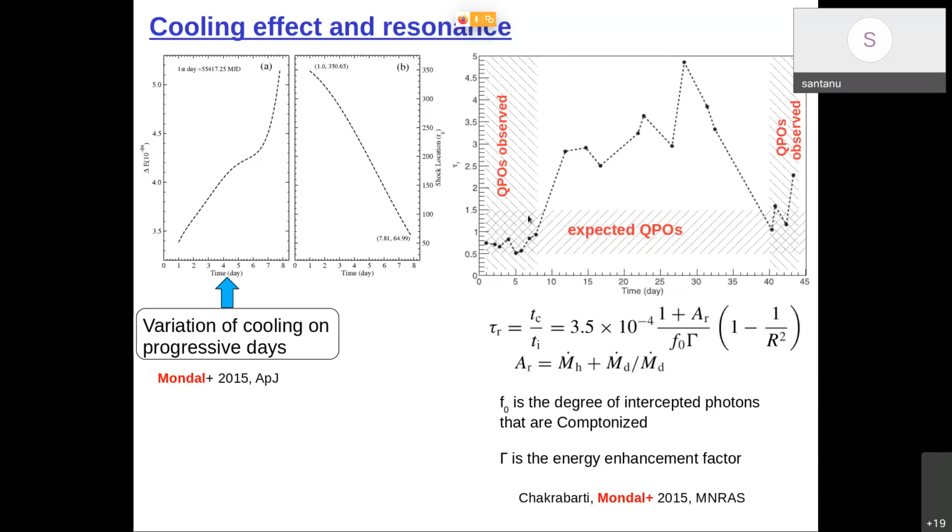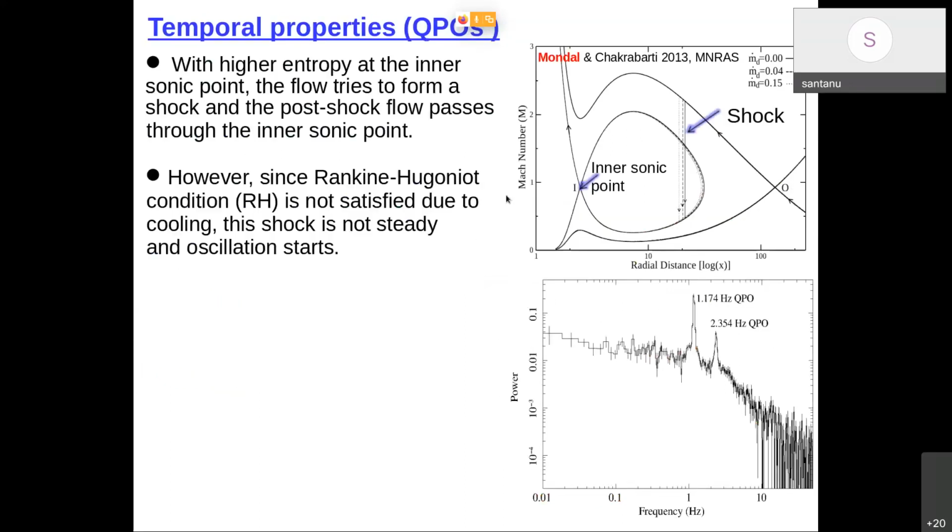The vertical dashes are the QPOs observed, and the horizontal dashes show the expected QPOs. Tc is the cooling time scale and Ti is the infall time scale, or the compressional heating time scale. We estimated the ratio of these two time scales, and we found that within 50%, like 1.5 to 0.5, our expected QPOs match with the observed QPOs.